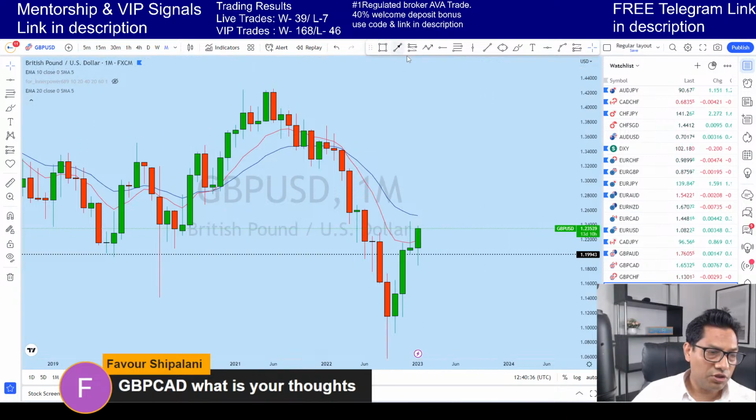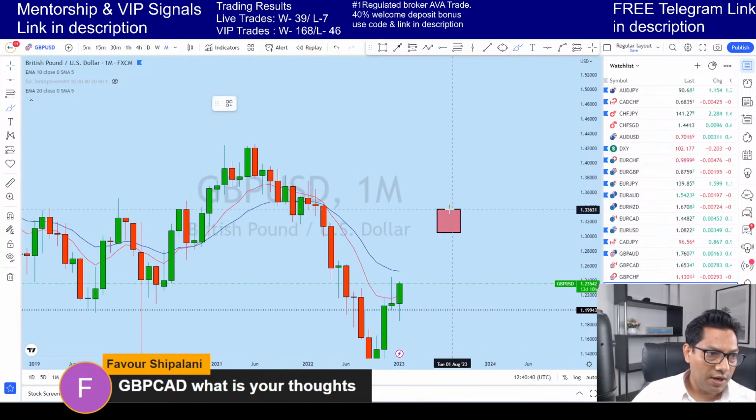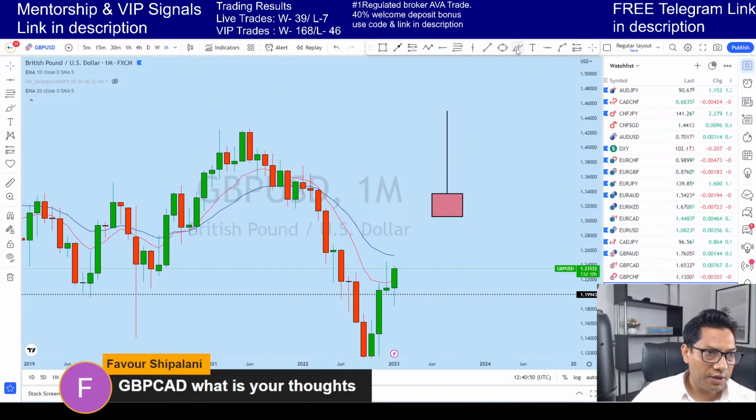When you see a doji, keep in mind this one thing, it might make a big change in your trading. Let's say a doji, no matter the time frame, either monthly, weekly, daily, even 4 hours, 5 minutes, doesn't matter.